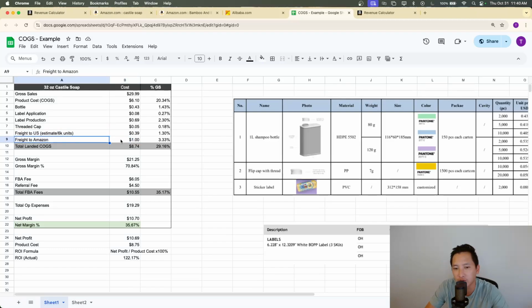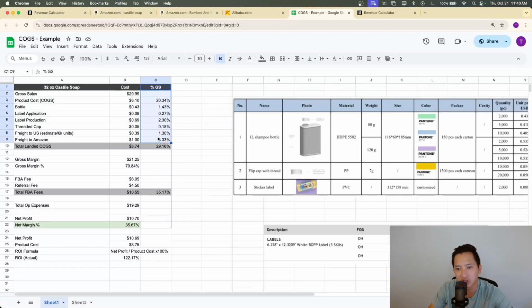All of the bottles and the caps arrive from China into our factory in the US, where they bottle the soap, put all the liquid in, and then send it to Amazon. So how much does it cost to send that soap bottled up, ready to go to the customer, from the US to an Amazon warehouse? These two numbers can be calculated through third-party websites, through your factory. It's really easy to get this number.